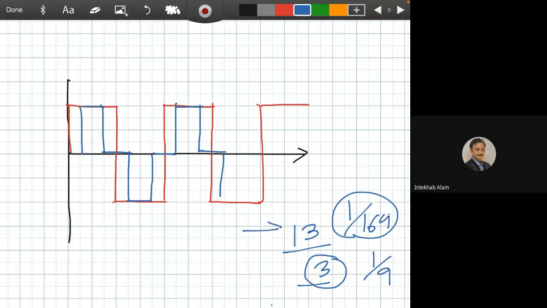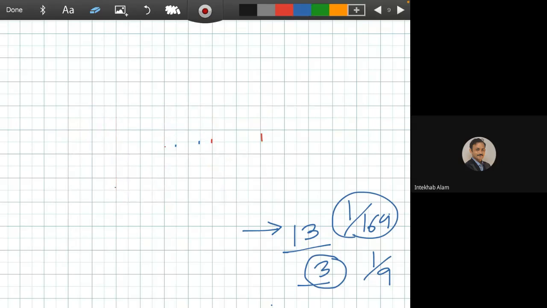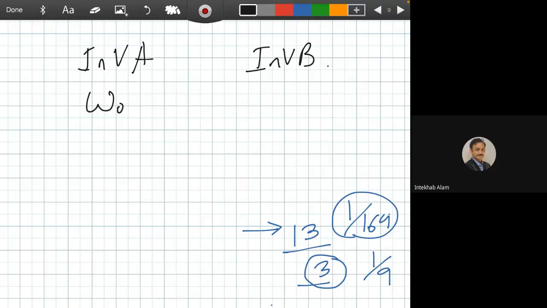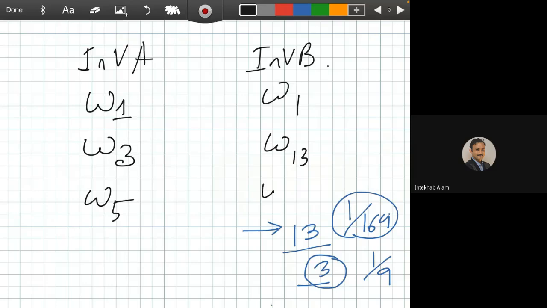Let's have a comparative statement in here. Inverter A and inverter B. It has a fundamental of omega 1, it has also a fundamental of omega 1, it has omega 3, omega 13, omega 5, omega 15.